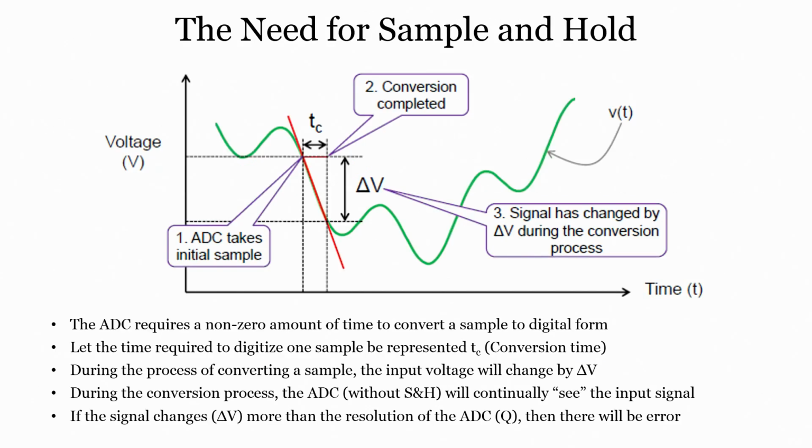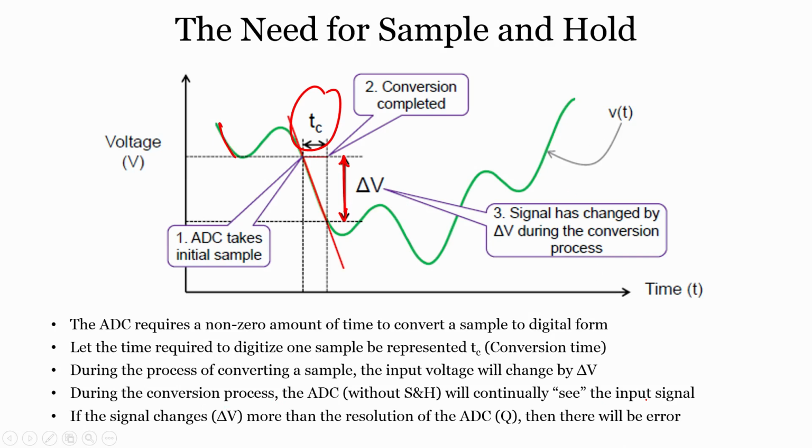The ADC requires a non-zero amount of time to convert a sample to digital form. Let the time required to digitize one sample be represented by Tc, which is right over here, and during the process of converting a sample, the input voltage will change by delta V, which is right here. So, this is the signal actually, and we are trying to see how we can use the sample and hold. During the conversion process, the ADC without S/H will continuously see the input.